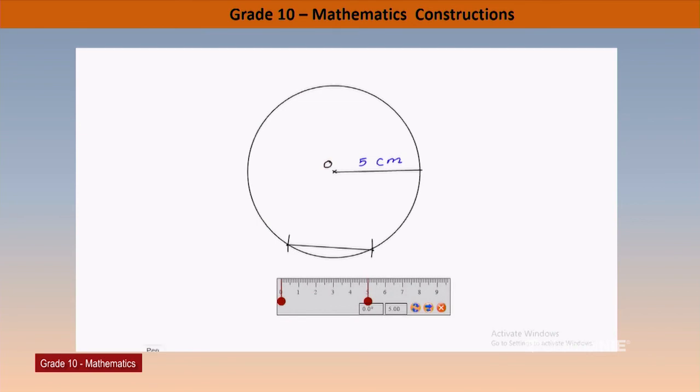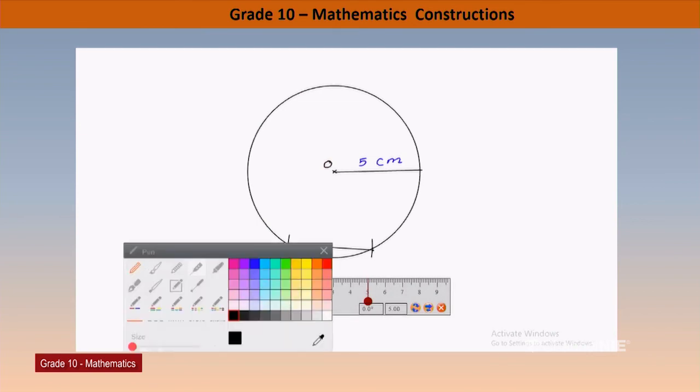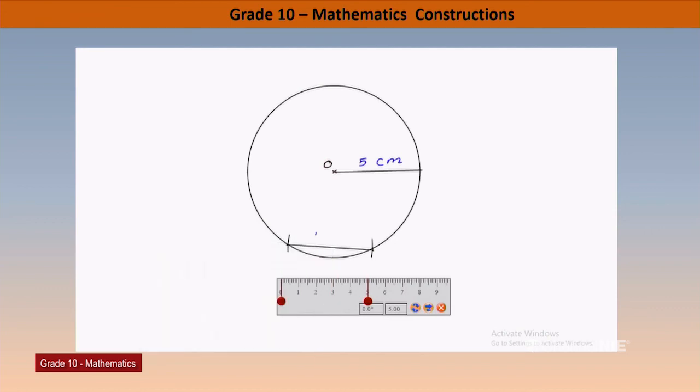So, that is the PQ chord. So, we have to name that place as PQ as well as the distance between the 2 points 5 centimeter.